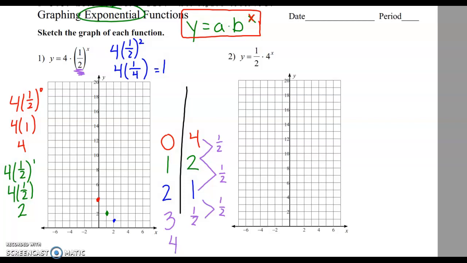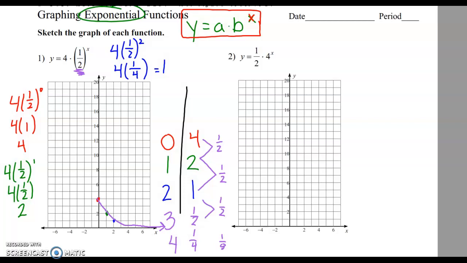If I go out to 4, half of 1/2 is a 4th. Then I would be at an 8th, and then at a 16th, and so on. So what is happening on this side is it is approaching 0, but it's never, ever going to get there. One of the sides of an exponential always approaches 0, but it's never going to get there when it's in the form y equals a times b to the power of x.